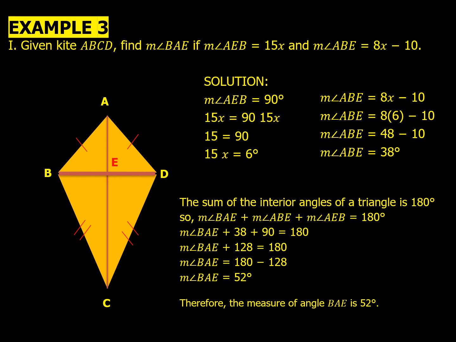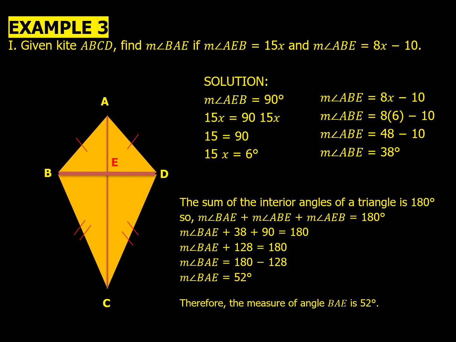Since we will find the measure of angle BAE, we note another theorem in a triangle. The sum of the interior angles of a triangle is 180 degrees. Therefore, the measure of angle BAE plus the measure of angle ABE plus the measure of angle AEB is equal to 180 degrees.